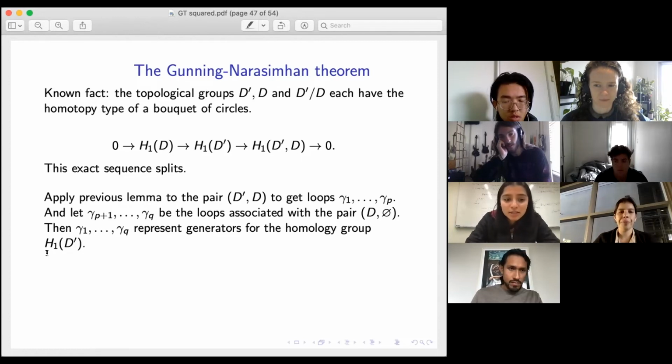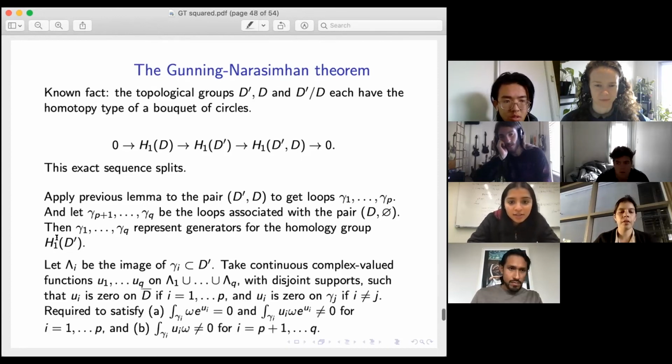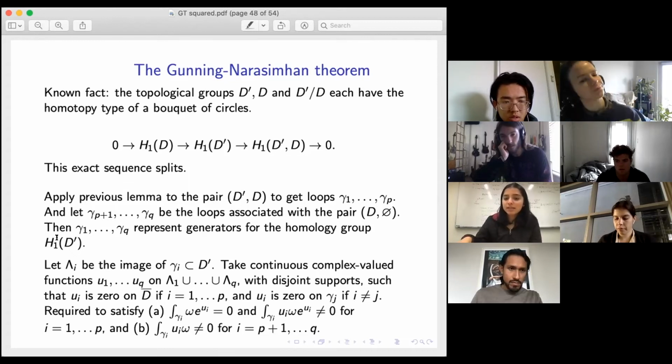exact sequence splits, right? Now let lambda I be the image of gamma I in D prime. So take continuous complex valued functions U1 through to UQ on the union of this image.